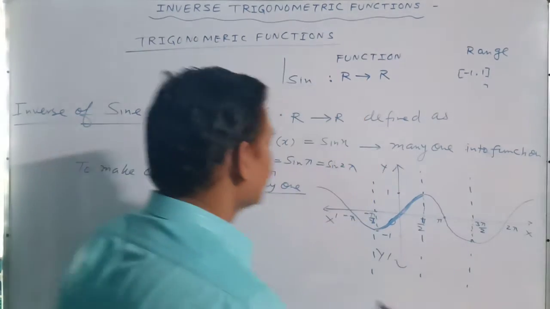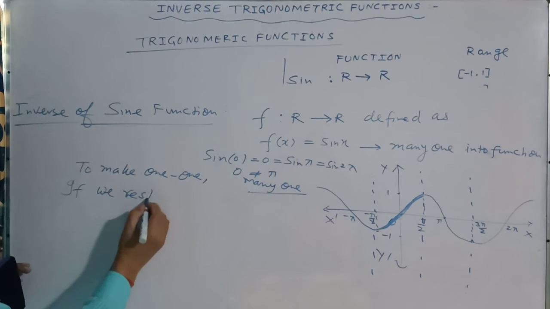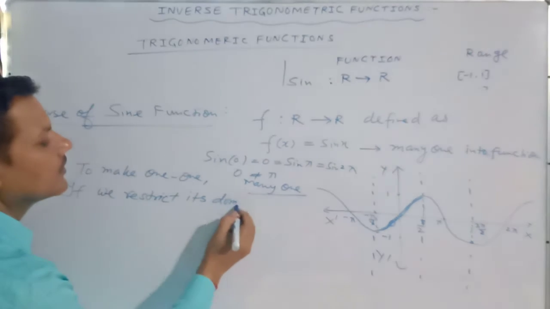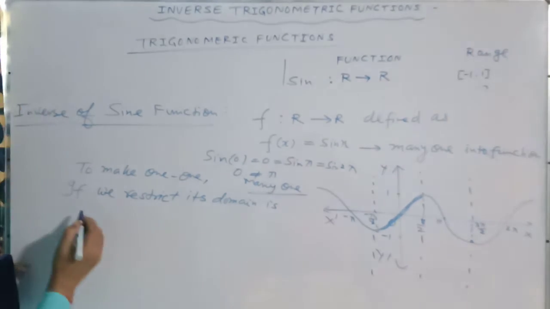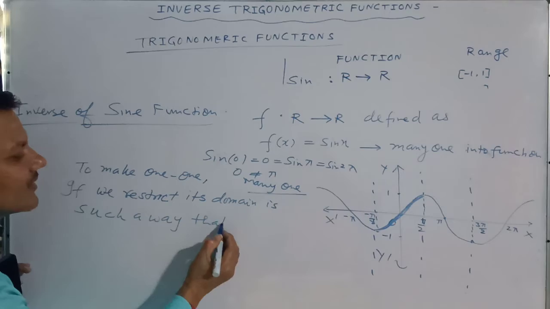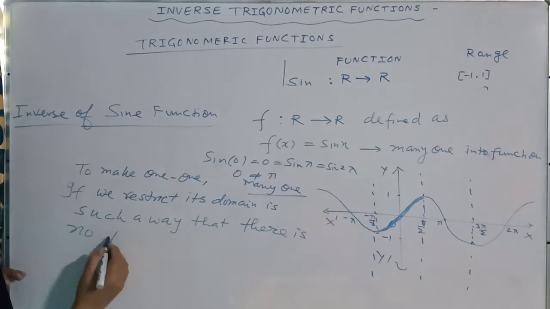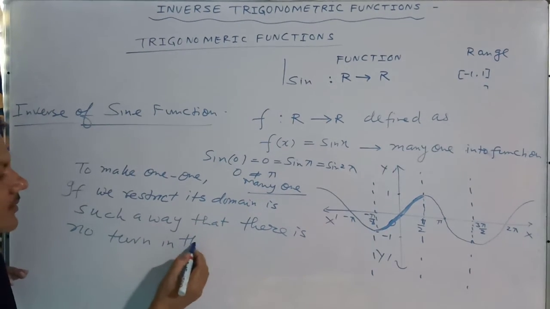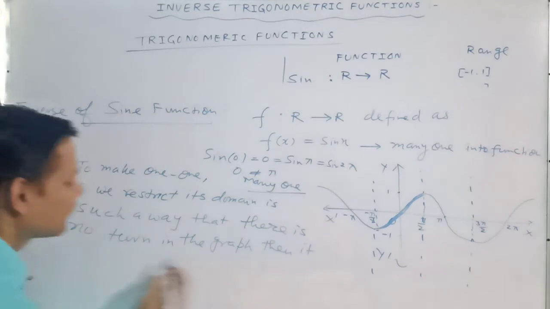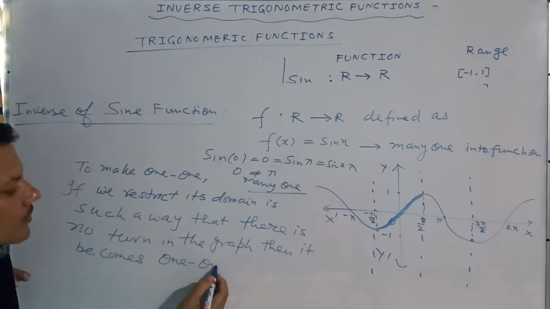So if we restrict its domain in such a way that there is no turn in the graph, then it becomes 1 1.